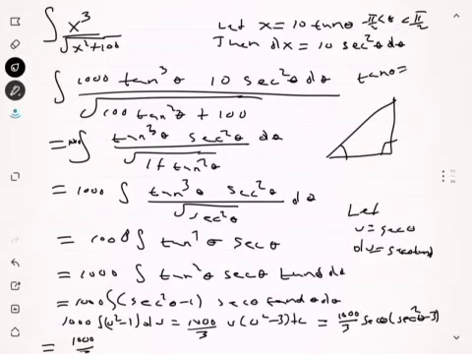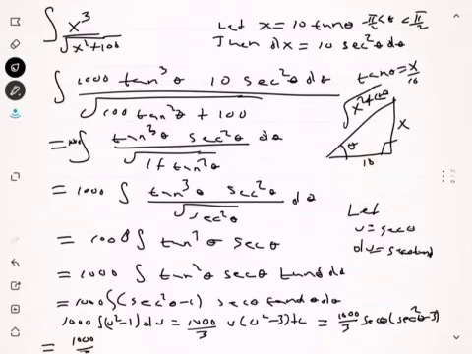is x over 10, is that what it is? Yep. Then this is theta, and this would be x and then 10, and then over here this would be the square root of x squared plus 100.